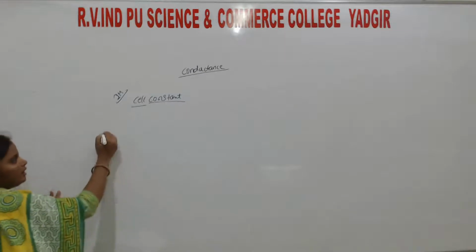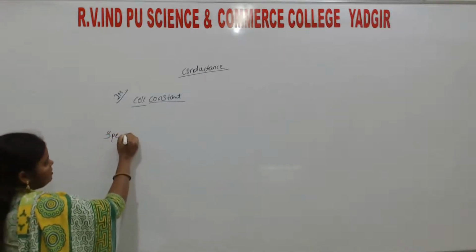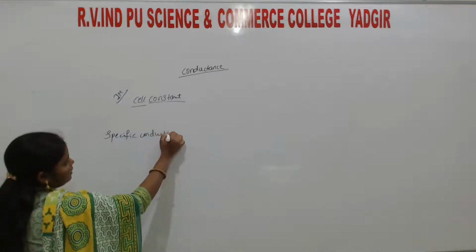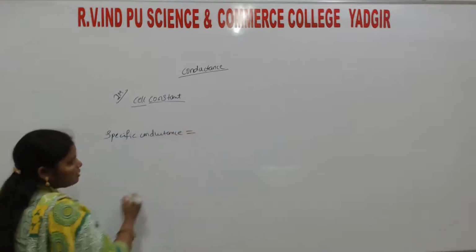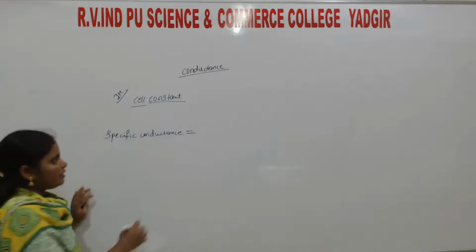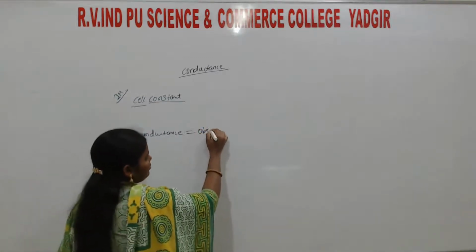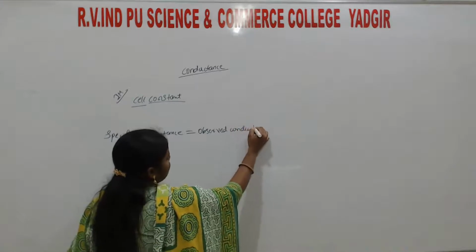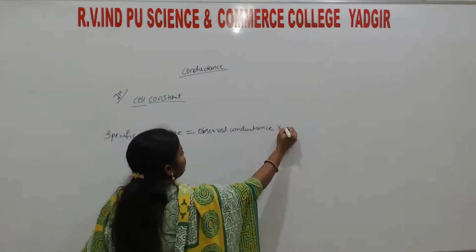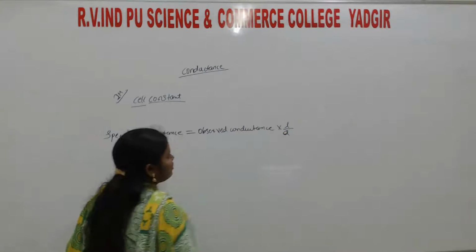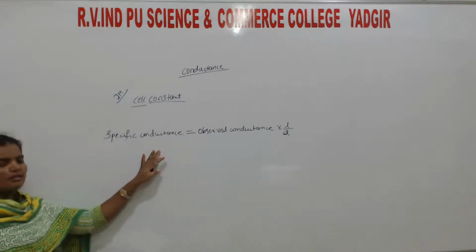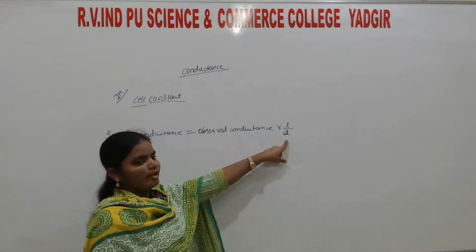So, the specific conductance is equal to the observed conductance multiplied by L by A. Here the cell constant means L by A.